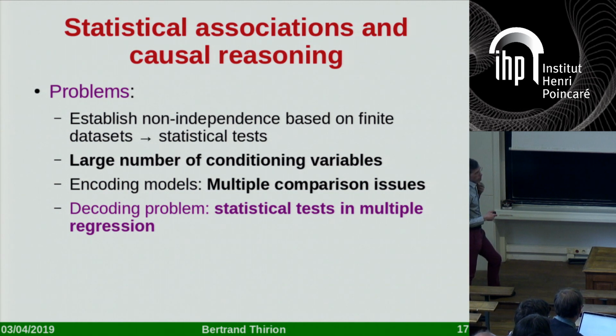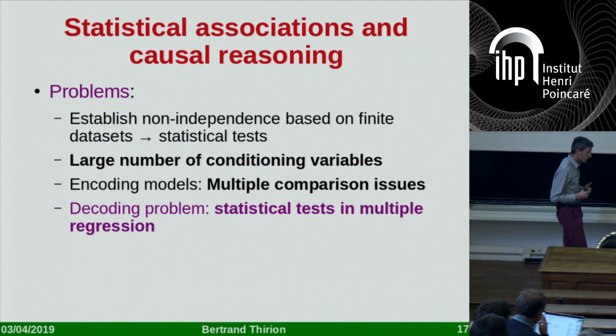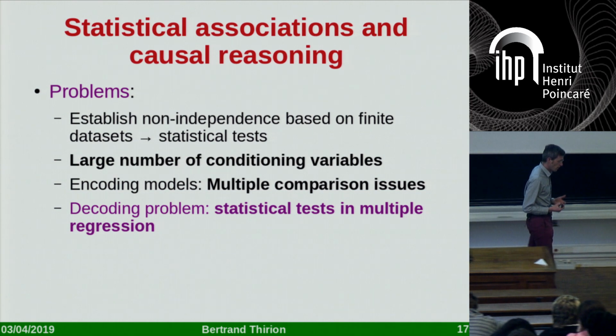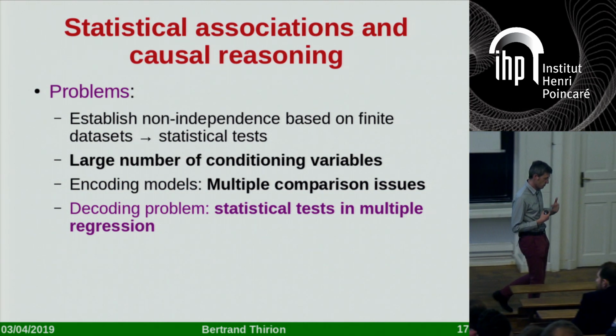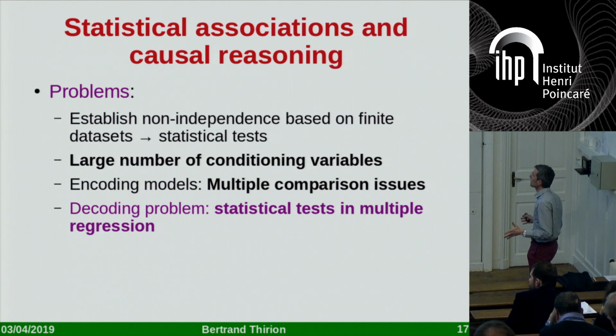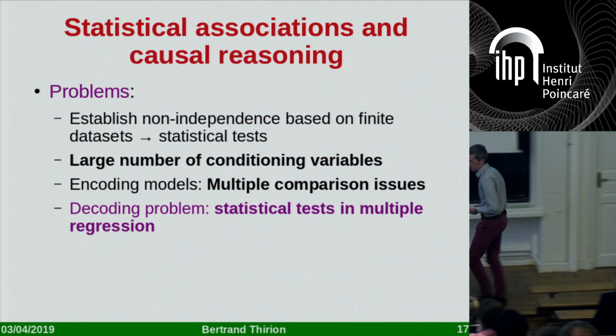And of course, you understand the difficulty of the problem is that we are conditioning on all the brain, all the other variables. So we are actually conditioning the link between a given brain region and the task on too many variables. This makes it very, very hard. So I will frame it as a problem of statistical testing in a high-dimensional regression.